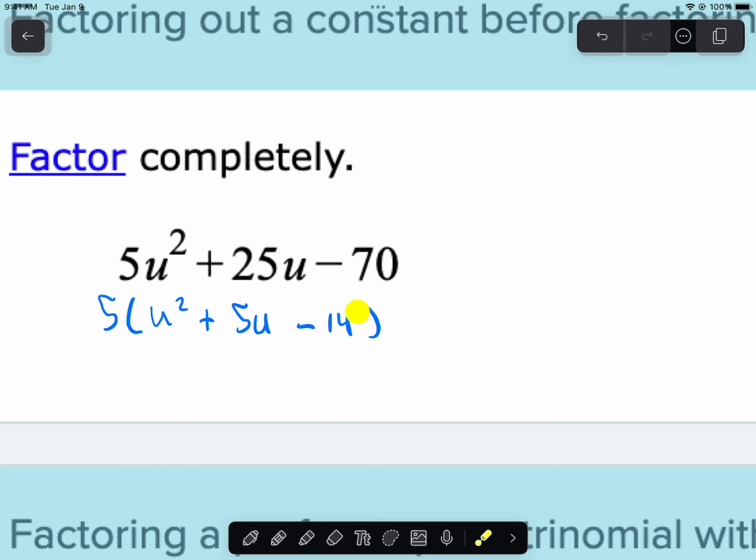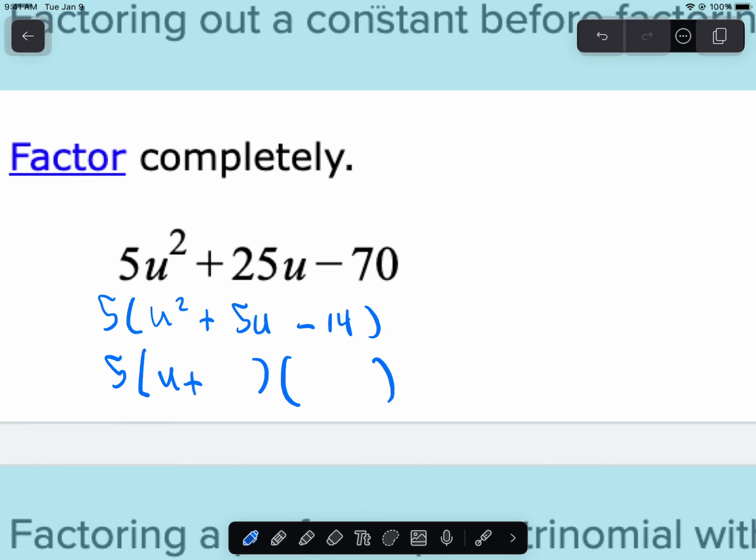You can't break it down further, but if they say the words factor completely, you may have to try it again. And that's one of these examples. We are going to need to break it down again. Just like we did with 20 in the last one, what are the factors of 14 that have a difference of 5? What do you got?